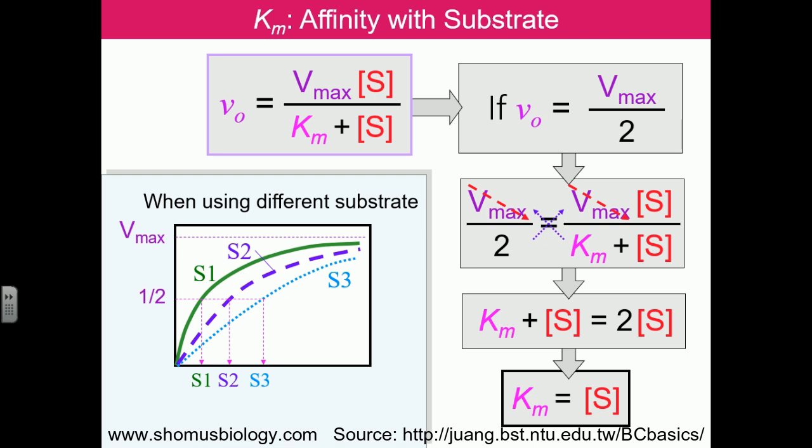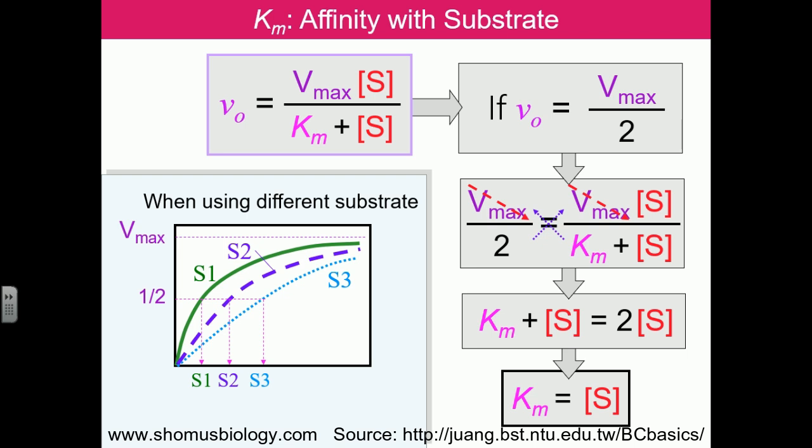In some enzymes, the substrate concentration required to reach half the velocity is less, but for others the substrate concentration required to reach half the velocity is more. So it's better if an enzyme reaches half of the maximum velocity at a very low substrate concentration.